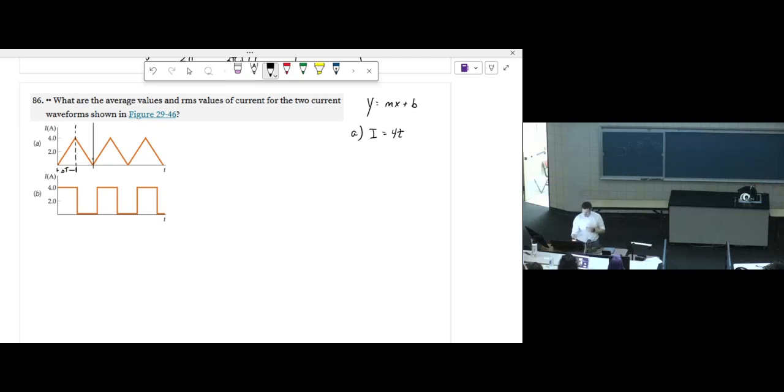So we're going to calculate the average and the RMS over this first half period, and since we'd get the same thing in the second half, since it's symmetric across this dashed line, we're just going to let that be the same.